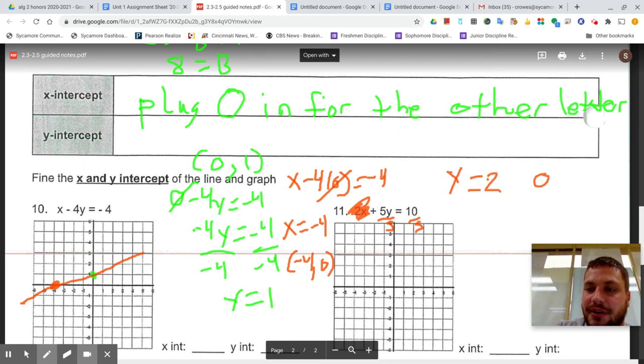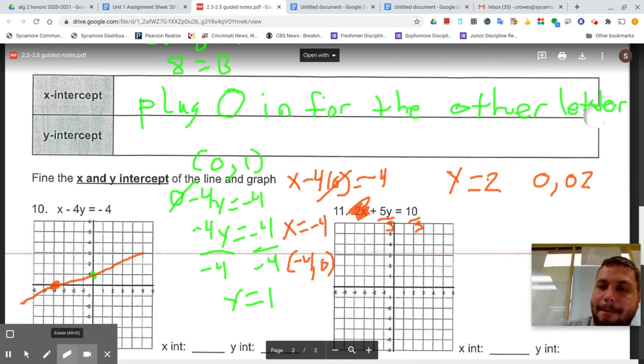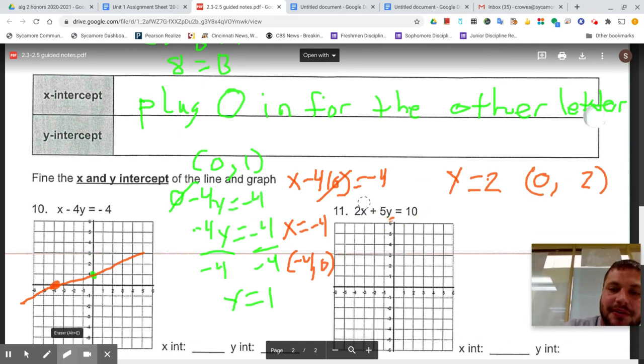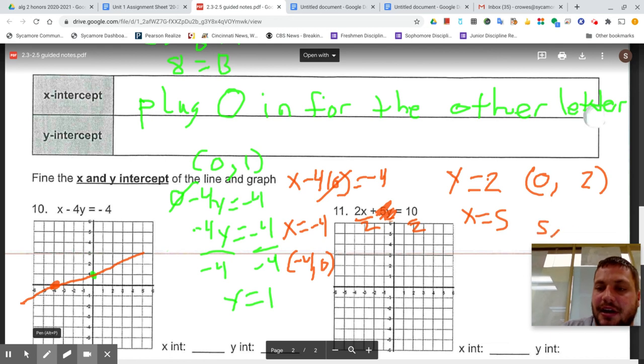The x was 0, the y value is 2. If I want to find the x-intercept, I'll just plug 0 in for y, which is the same thing as just canceling out the y part and solving for x. x equals 5. So it was 5, 0.